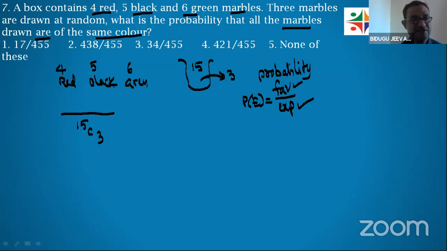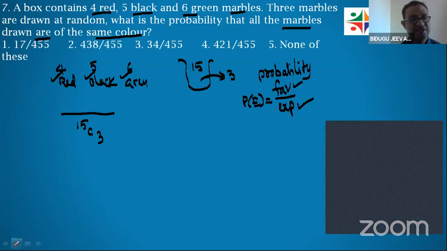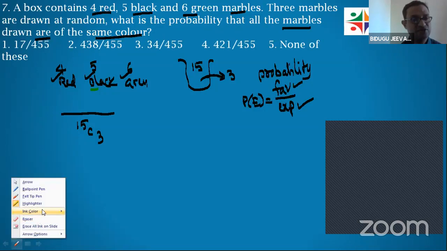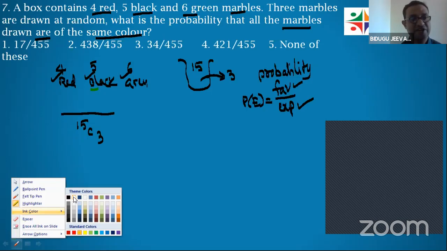Same color. Coming to the part of colors, we have 3 colors. One is red, another is black, another is green. Is it clear? All of you, right? So look here. This is black, green and red. So how to write this one?